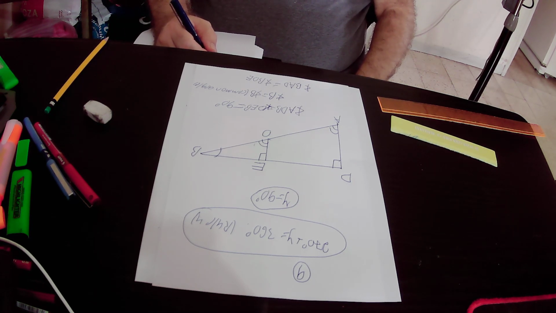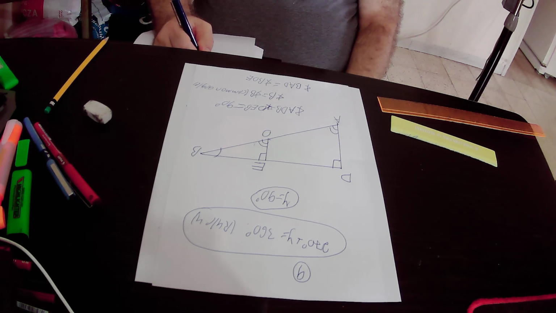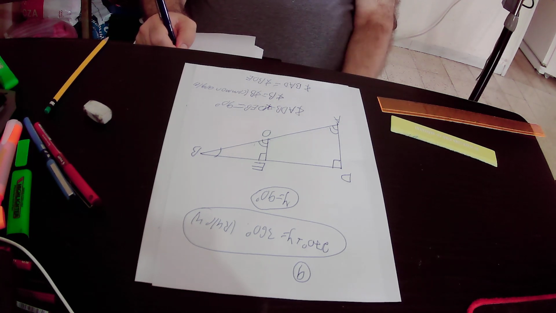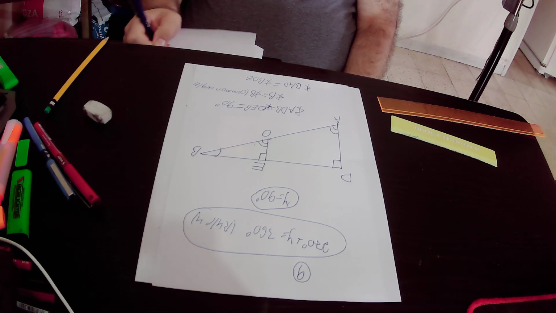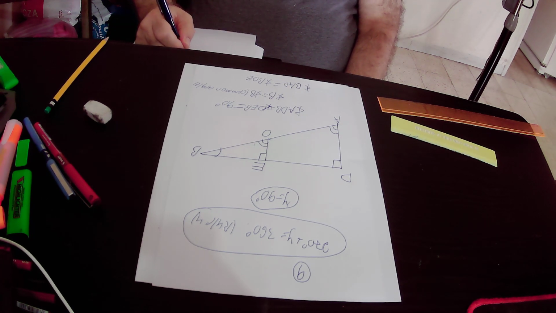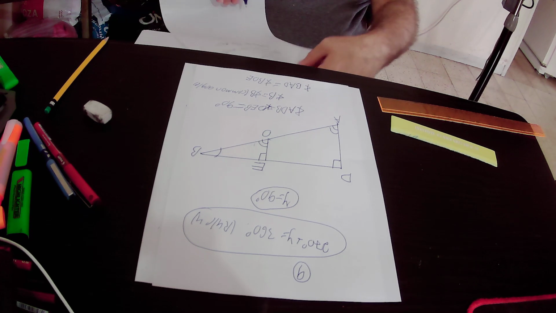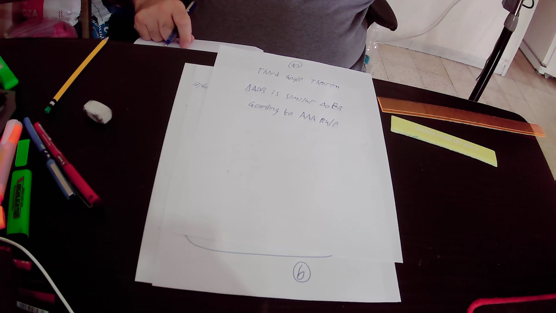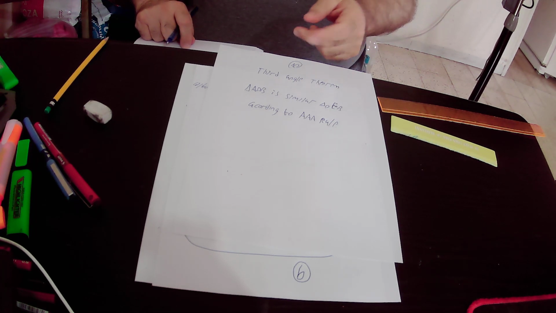Therefore, the big triangle, triangle ADB, is similar to the small triangle OEB, according to angle rule.